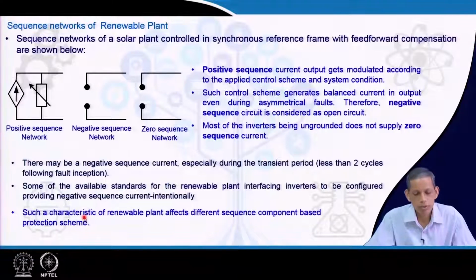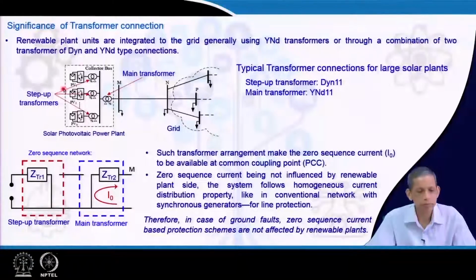Such a characteristic of renewable plants affects different sequence component based protection schemes, and the question is how the network protection schemes will perform. One important factor is the transformer connections.